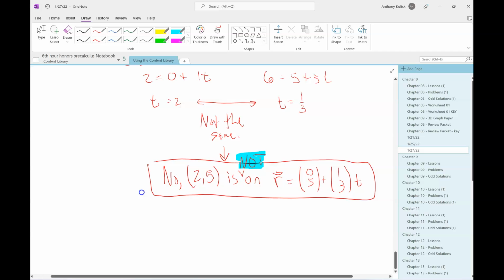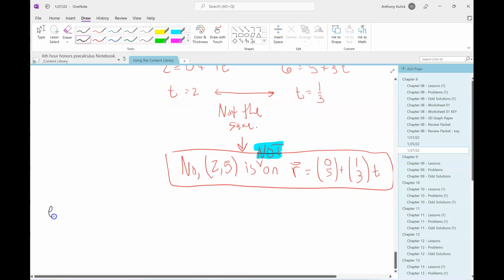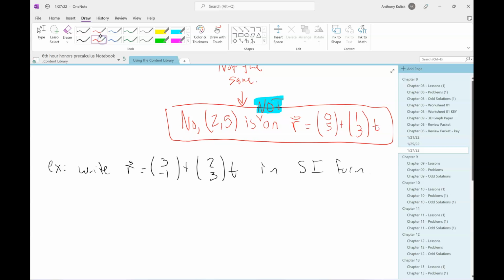Okay. What if we wanted to do the reverse? What if we wanted to write the vector equation in slope-intercept form. Again, slope-intercept is y equals mx plus b, just as a reminder.